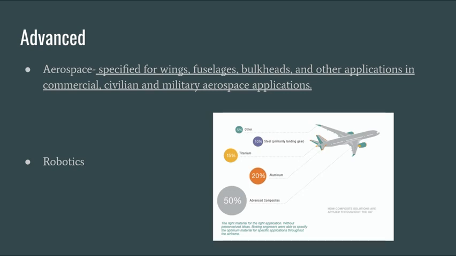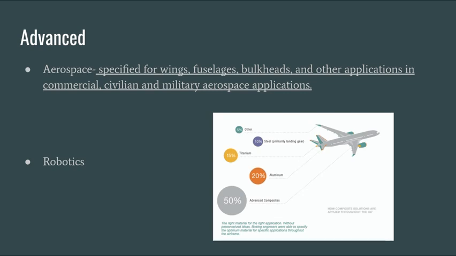I can't even say that word. Fuselages are the whole body of the plane, the bulkheads, and other applications for, like I said, commercial, civilian, and military applications. So 50% of the planes that you may ride to go on vacation or to go really anywhere else in the world are made from composites.